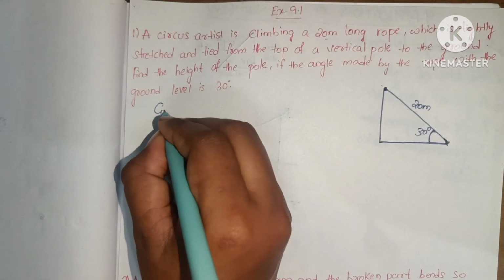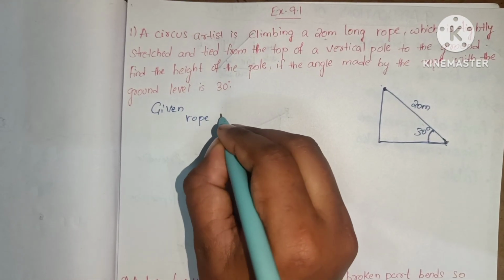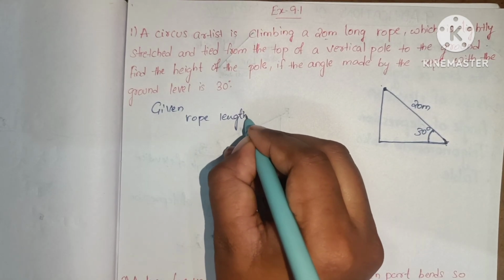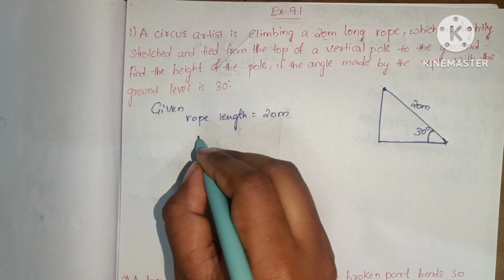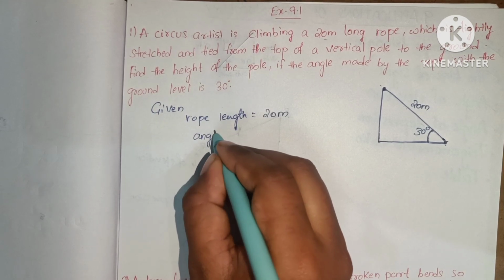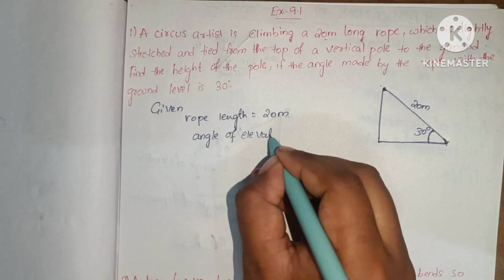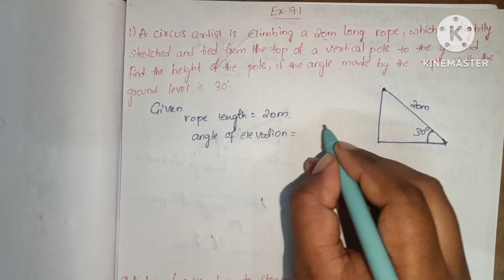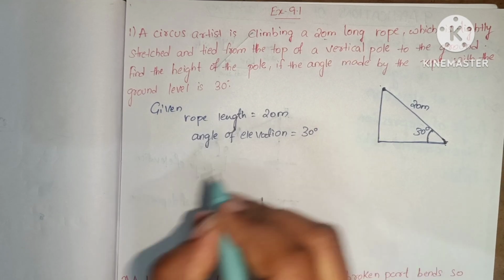Write out the given: rope length equals 20 meters, angle of elevation equals 30 degrees.